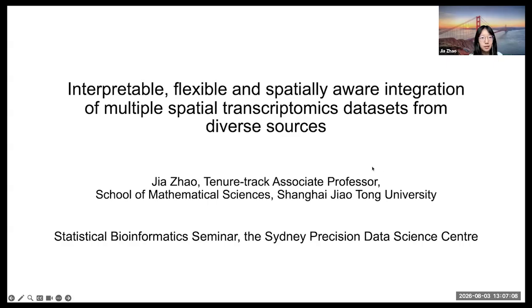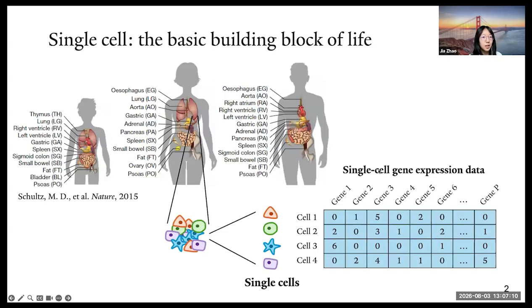As we're in the field of statistical genomics, we have all seen the great success of single-cell genomics, where the cells are really the basic building block of our life. With single-cell technology, we can measure the gene expression from each individual cell.